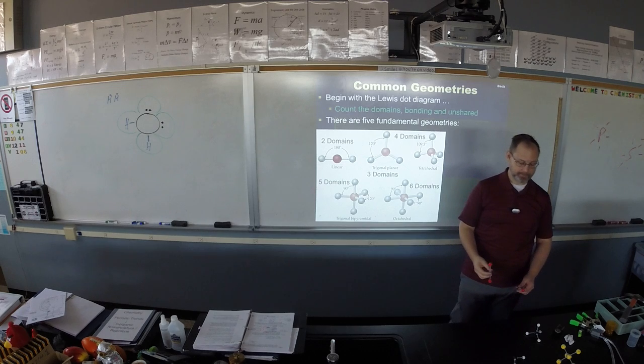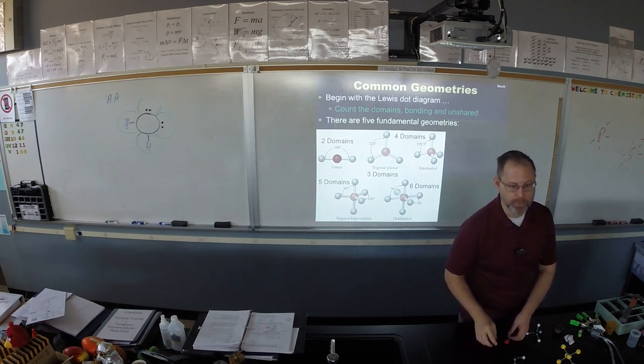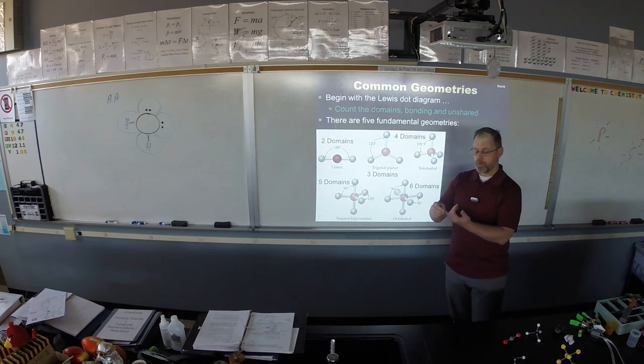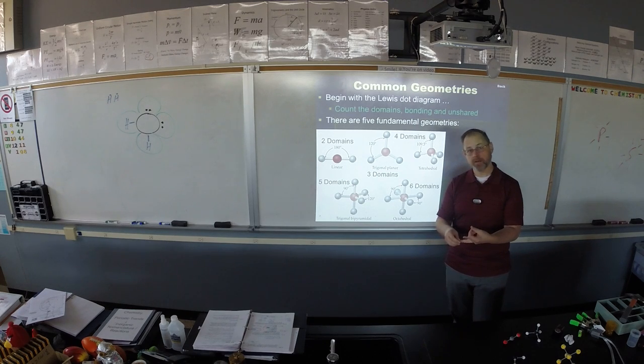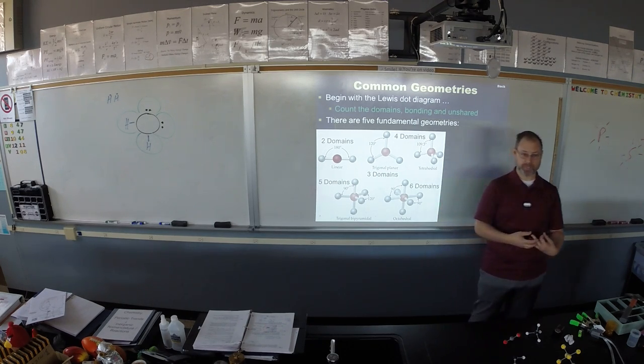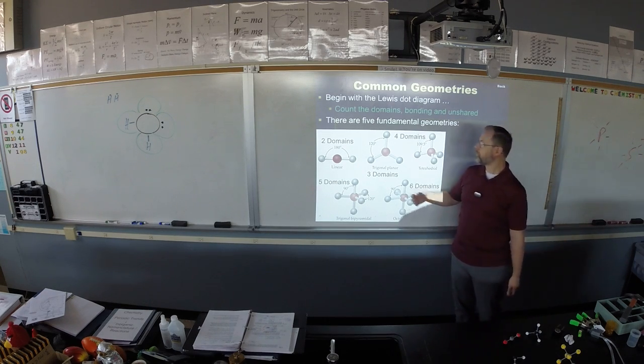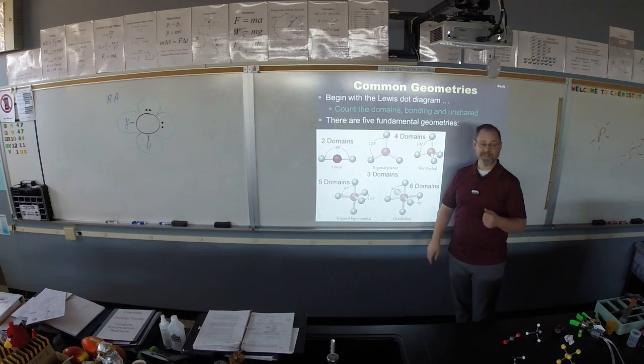Now on a test, you will be required to, just like before, draw the Lewis structure of an atom, determine its polarity, draw the dipole if it's polar, write nonpolar if it's not, and then now identify its geometry. So if you write trigonal planar, yay.